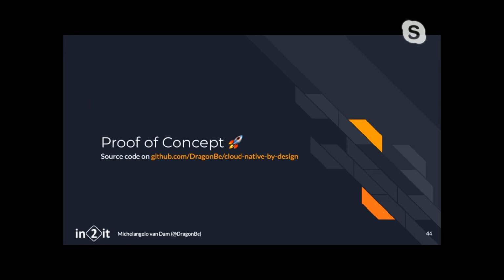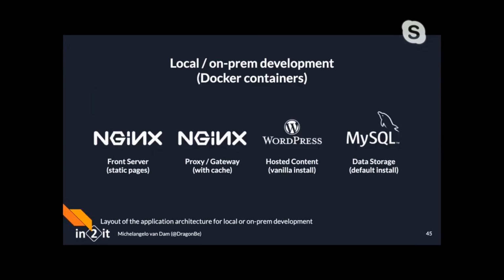So my setup is basically a WordPress with an Nginx front server for serving the static pages, an Nginx gateway, which provides a gateway interface for the API of WordPress, WordPress itself, which is a vanilla install. Just go to wordpress.org, download, and done. And a MySQL database.